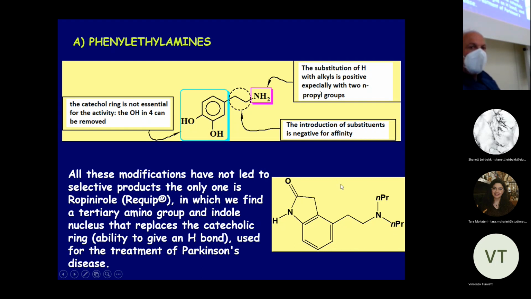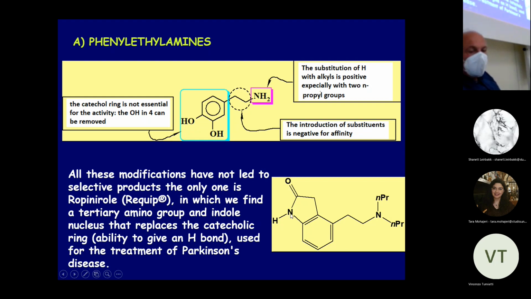We can see the chemical structure of ropinirole. The nitrogen atom you see with the 2 normal propyl groups. We have described that it's possible to insert these 2 groups on the amino group of dopamine. Ethyl chain, like in dopamine, aromatic ring, okay.